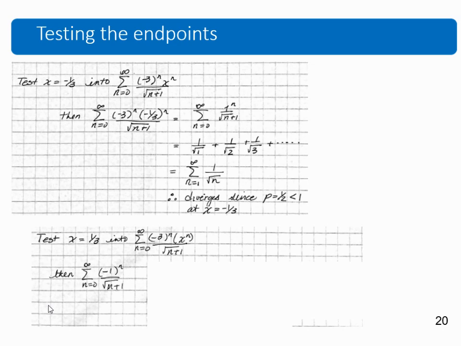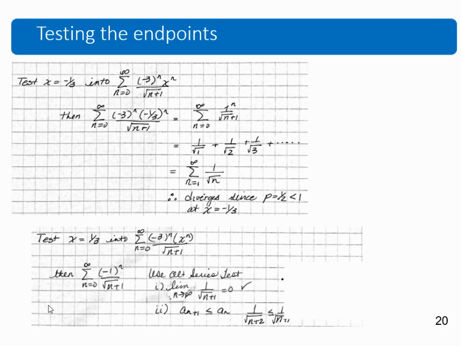And so now you want to look at this series and you decide, okay, is this going to converge or diverge? So you use the alternating series test. And when you do that, you see that the limit of your terms is going to 0, and that the next term is less than or equal to the previous term. And so therefore it converges by the alternating series test at x equal to 1/3.